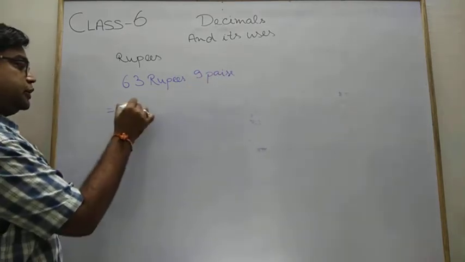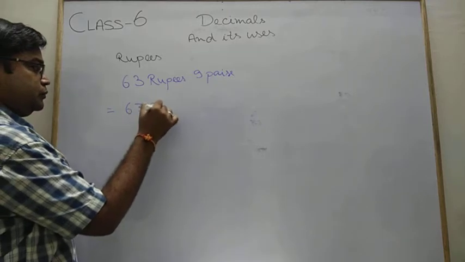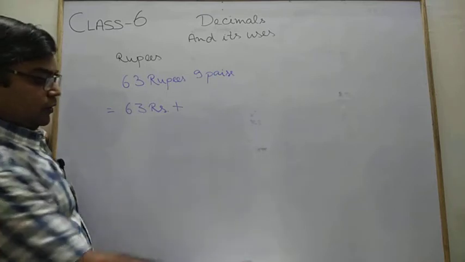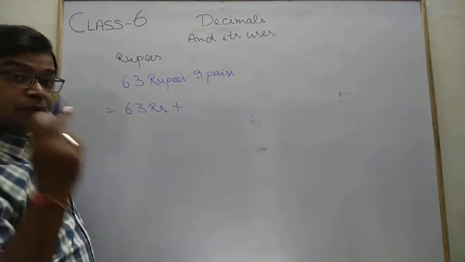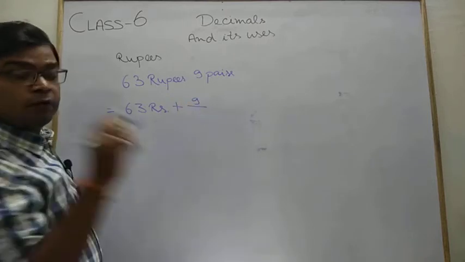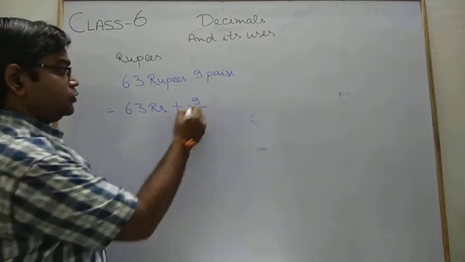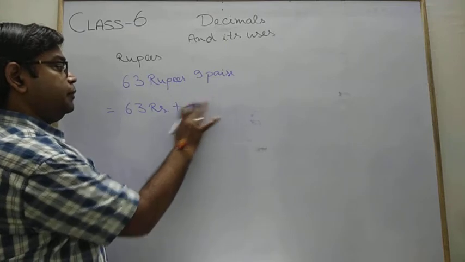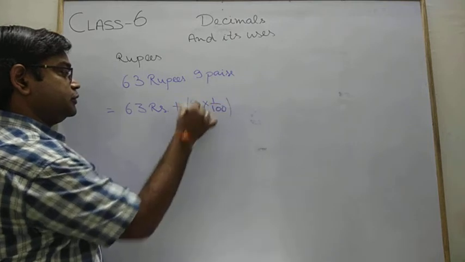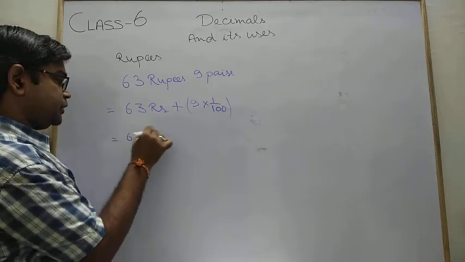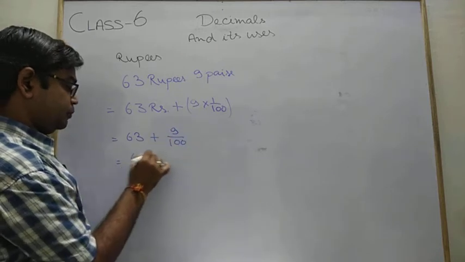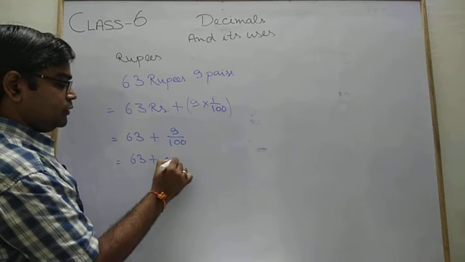It means 63 rupees plus, we have to convert this paise into rupees because it says expressed as rupees. As we know that 1 paise is 1 upon 100 rupees, so 9 paise is 9 into 1 upon 100 rupees. So ultimately we have 63 plus 9 upon 100, that is 63 plus, convert this into decimal.